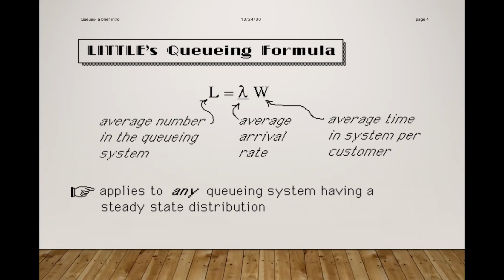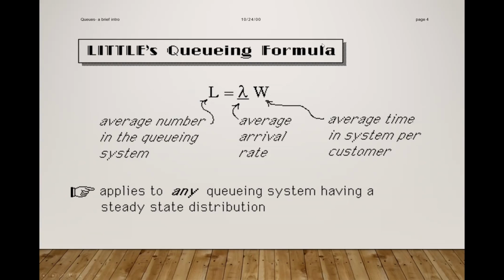So it can be 1, it can be 2, it can be 3. And what's the probability that it's 1 at any time in the system? Okay? Then you can specify the probability that there are 0 people, there are 1, there are 2, and they sort of reach what we call a steady state distribution.